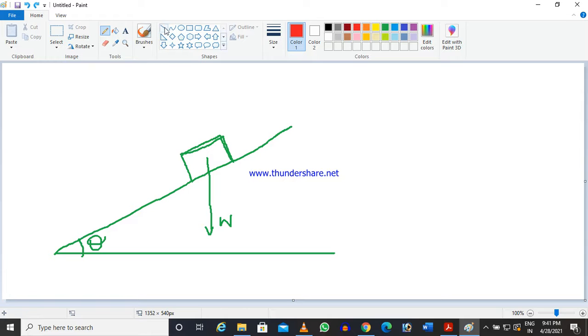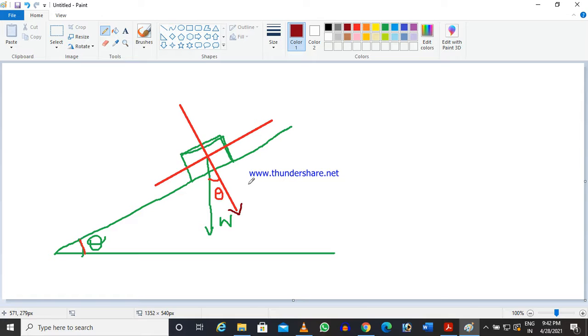Now I am splitting the weight into components. This angle is theta, so this angle is also theta. What we learned is that the component along the side adjacent to theta is the cos component of the vector.